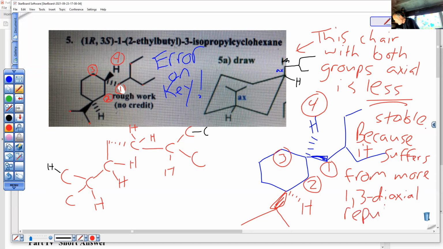The answer is a lot shorter if you point to the other chair where they're both equatorial and say both groups avoid 1,3 diaxial repulsion here. Isn't that a lot less words? Just point to the more stable one, which has 2 groups equatorial, and say both groups avoid 1,3 diaxial repulsion. That's your whole answer for D, instead of all these words here.